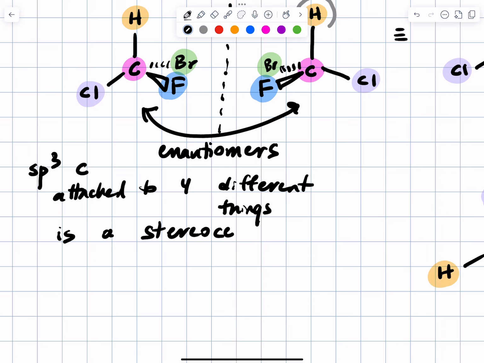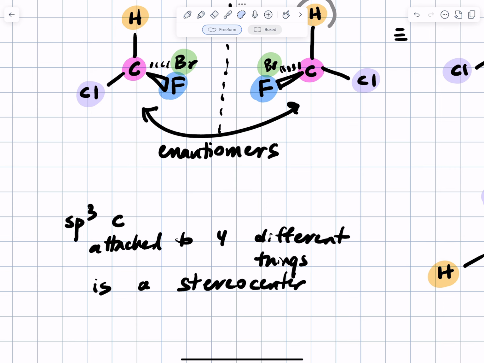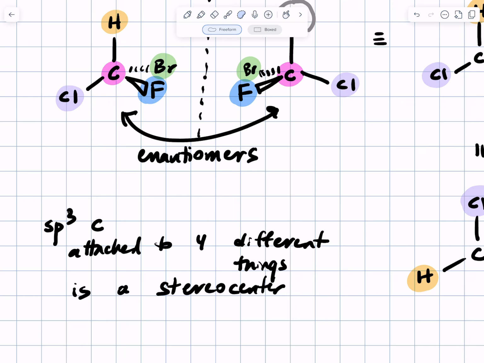So one of the things you're going to need to be able to do is to look at a molecule and ask, where are the stereocenters? Okay? If a molecule has one stereocenter, it must be chiral. Okay?